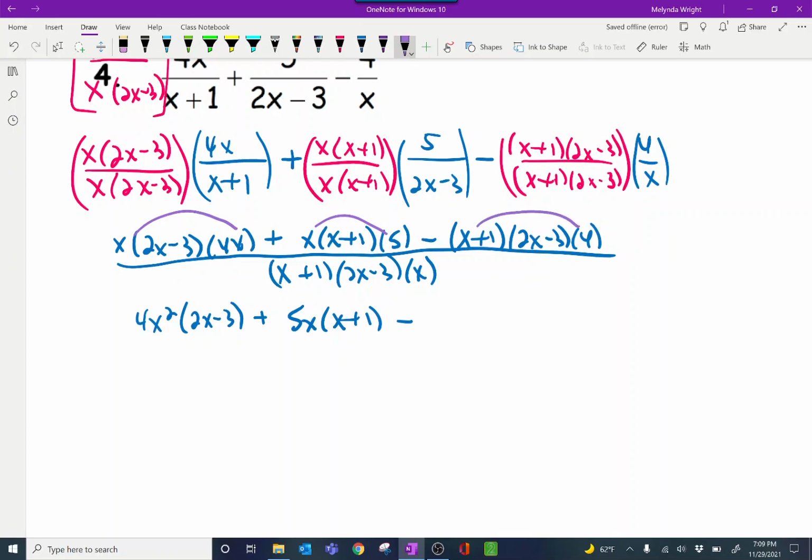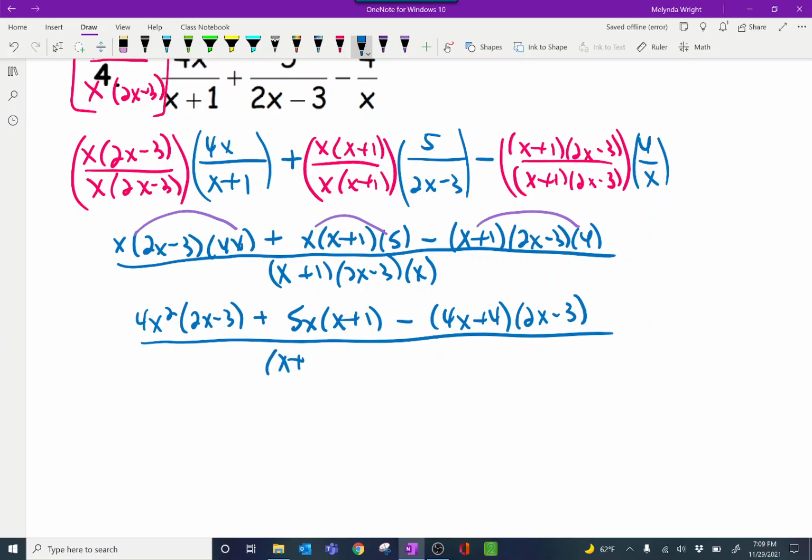Let's multiply those together, and that would give us 4x plus 4 times 2x minus 3, all over x plus 1, 2x minus 3 times x. Okay, we made one pass at it, and it's a little bit better. Let's keep going.